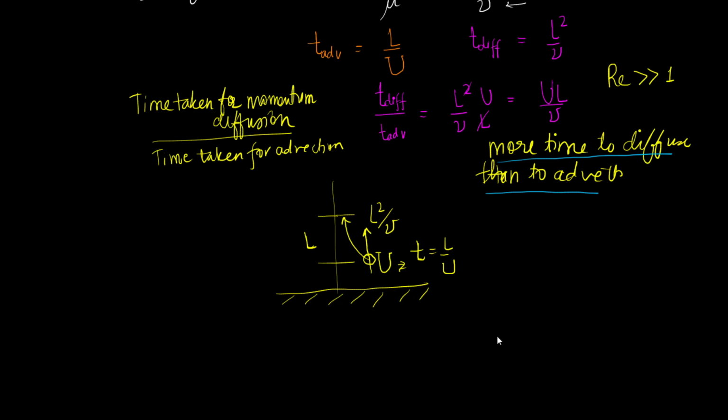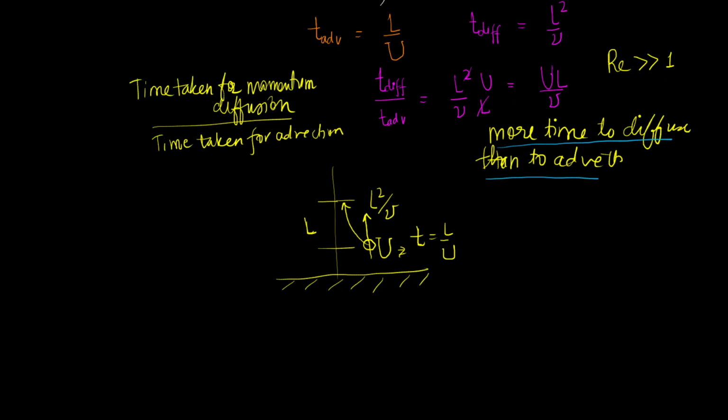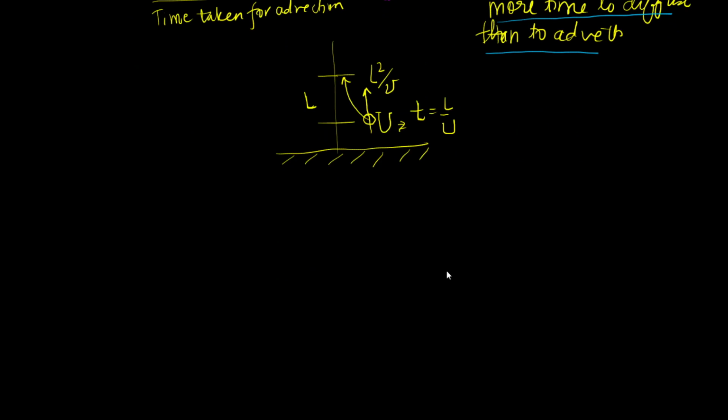Let us now look at the flow over a flat plate. All these ideas for a flat plate can easily be extended to discussions of aerofoils. It takes more time for the influence of the flat plate to diffuse upwards.